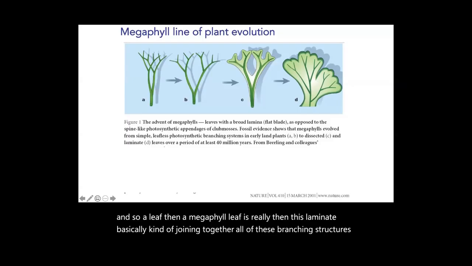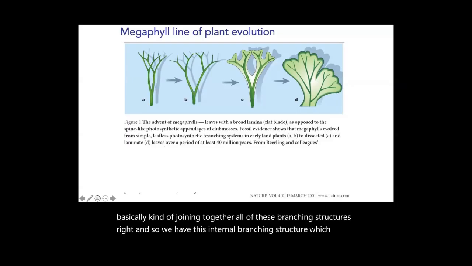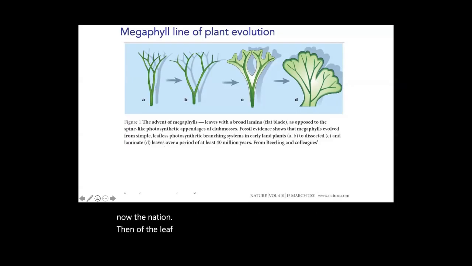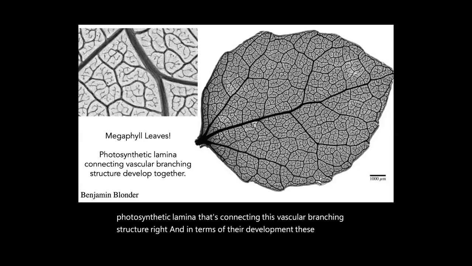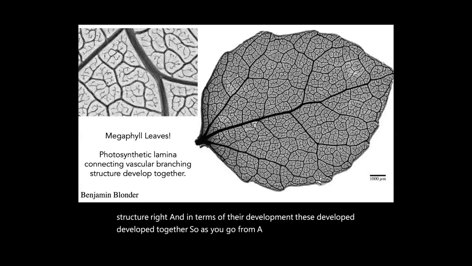And so we have this internal branching structure, which is now the venation of the leaf, reflecting this early evolution based on a non-webbed structure. Okay. And so megaphyll leaves are basically this photosynthetic lamina connecting this vascular branching structure, right? And in terms of their development, these develop together. So as you go from a young bud, developing via mitosis, to this emerging leaf, the lamina and the vascular tissue develop together, okay?